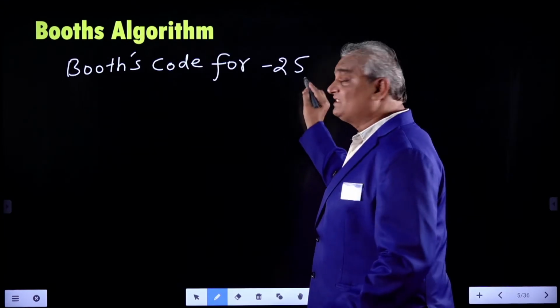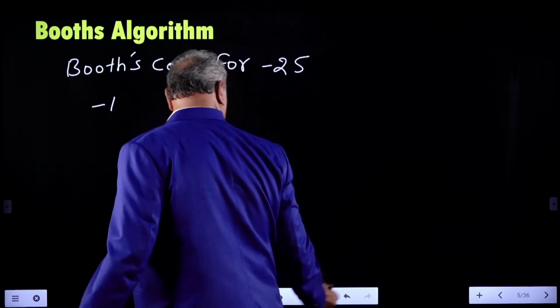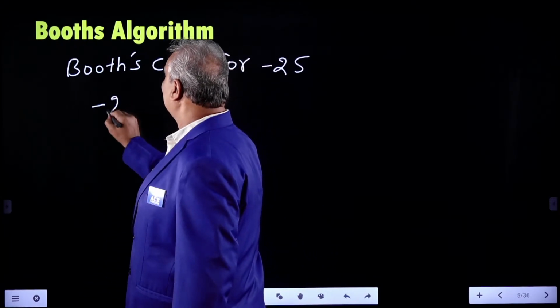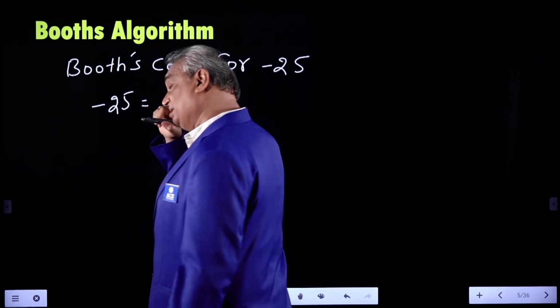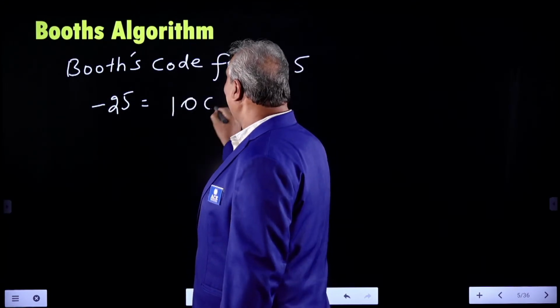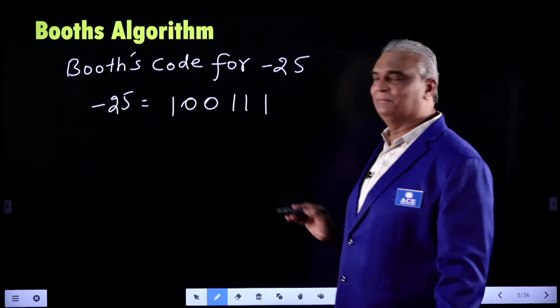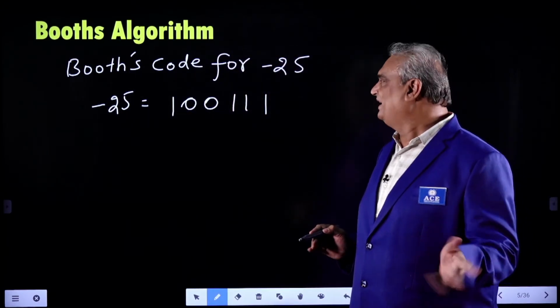First, find its 2's complement notation. For -25, the closest smallest negative weight is -32, then 16, 8, 4, 2, 1. Here -32 plus 7 is -25.